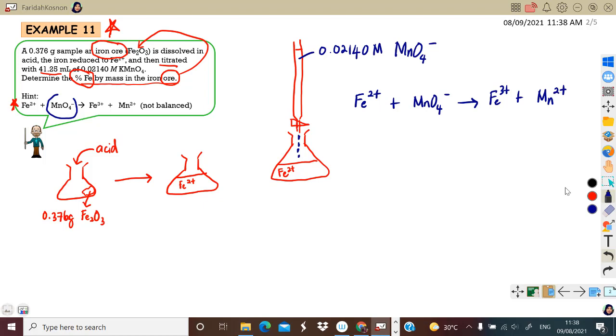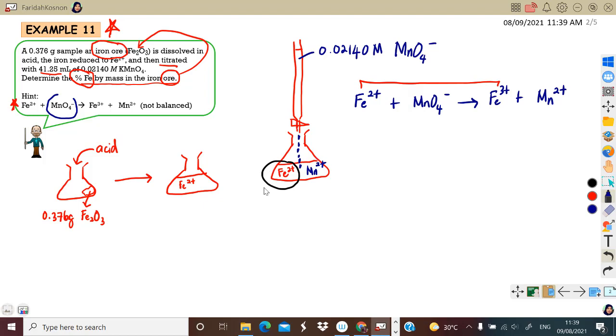So it shows that the iron 2 plus in the solution yang datang daripada iron ore ni tadi, bila kita titratekan dia dengan permanganate ion, it is converted to iron 3 plus. Okay. And what happened to the permanganate ion when it reacts with iron 2 plus? Maksudnya bila permanganate ion bertindak balas dengan iron 2 plus, it converted to manganese 2 plus ion.